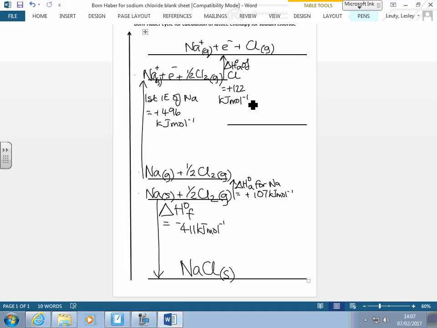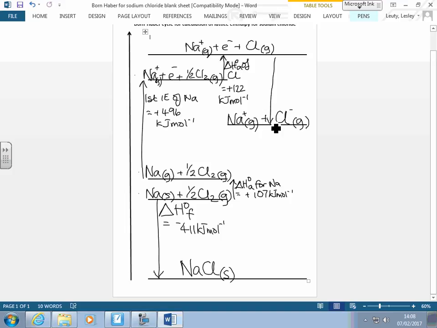Now, because that's creating a more stable arrangement, of course, that's going to start coming down the page. So from, oh, I need to write it in before I get in a mess, don't I? So there's our gaseous sodium ions plus our gaseous chlorine ions. Oh, now I've not, well, I'll have to put it down there, I'm afraid.